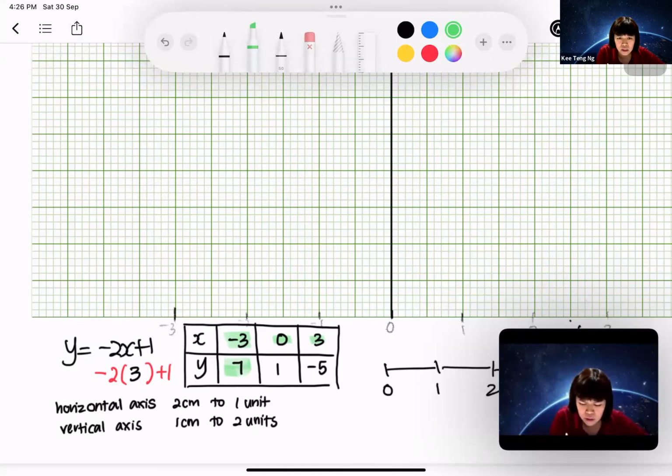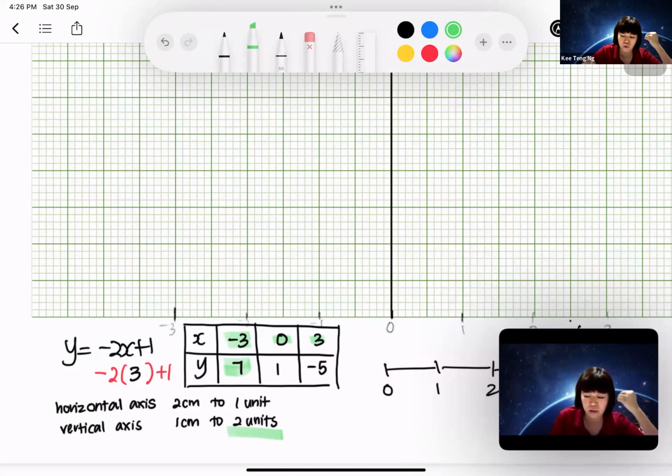So 7 is in the middle, not exactly even numbers, because they say 1 cm to 2 units. So it will be 0, 2, 4, 6. If I stop at 6, it's not enough. So 0, 2, 4, 6, I need to draw until 8.